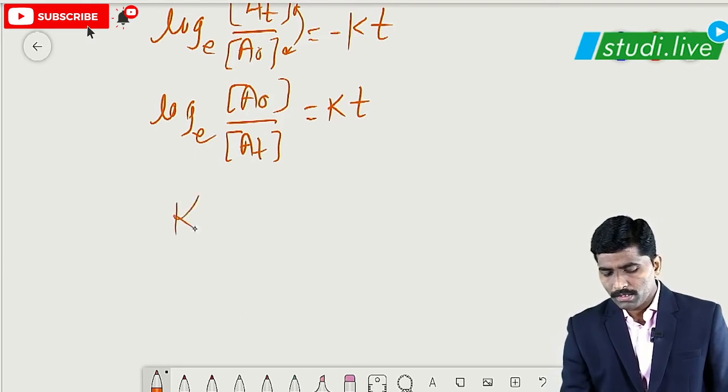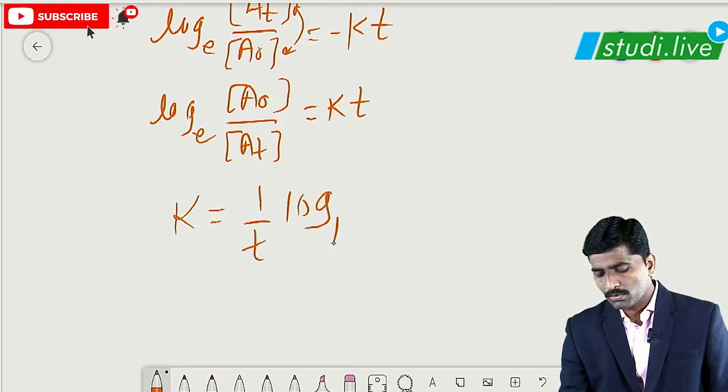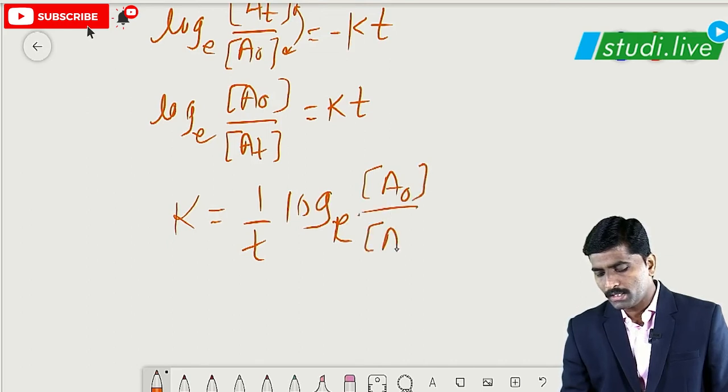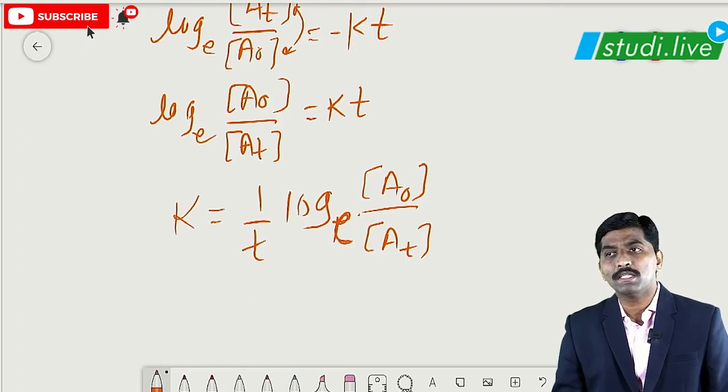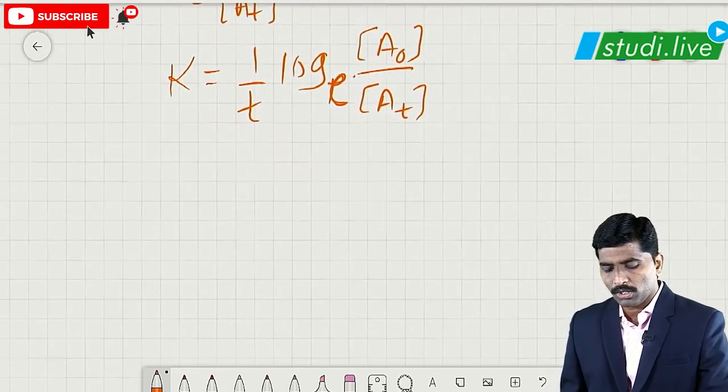Now, I will be having expression for k as 1 upon t log to the base e of A0 upon At, but remember still the base of log is e and I want to change it to the decimal log, students.